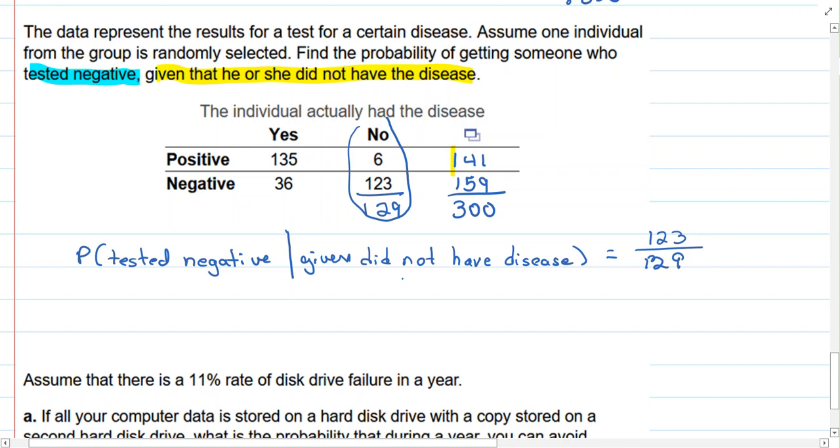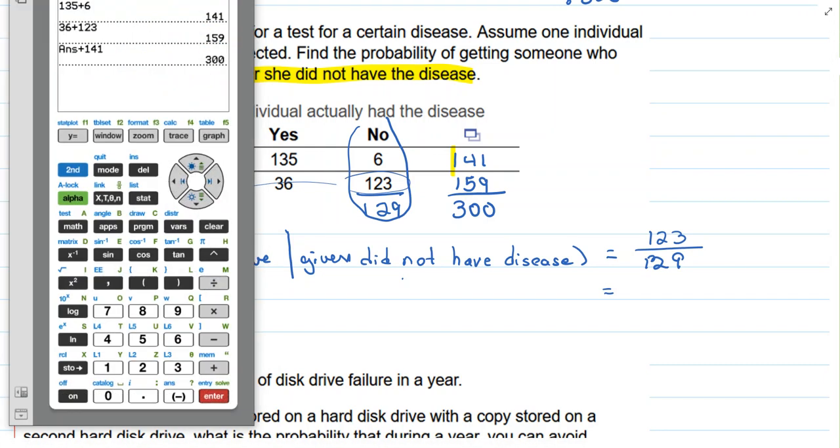Oh, wait, what do I have? Tested negative and did not have the disease. Yeah, that's what it is. Very, very high number. They tested negative, did not have a disease. Ooh, hold on.